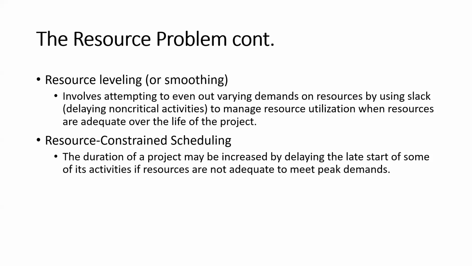In resource leveling or smoothing, we are evening out the varying demand for resources by using slack. By utilizing the slack, we are delaying the non-critical activity, and we want to manage the resources over the life of the project, right? So the next one is resource constraint scheduling.